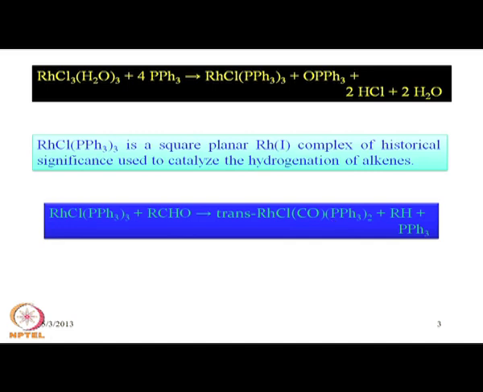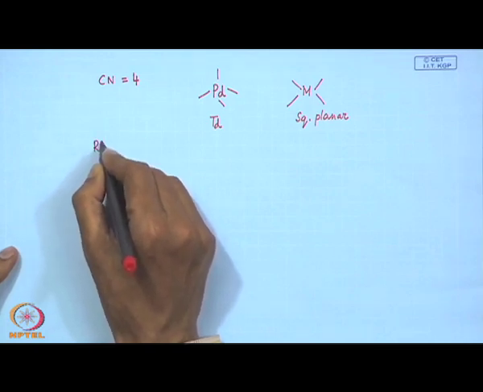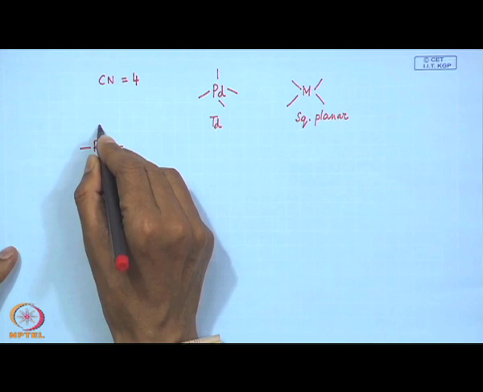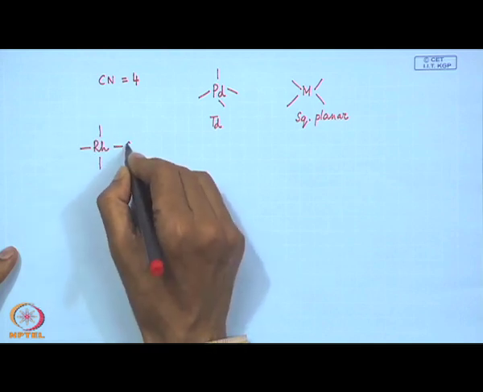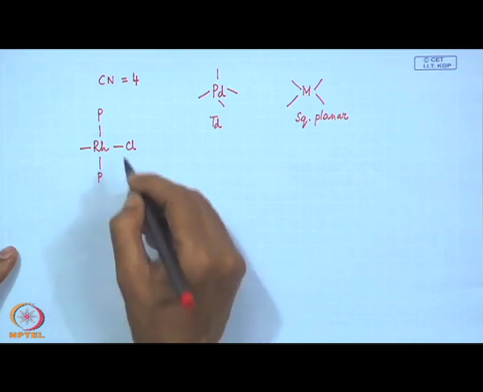So, the phosphine group is present trans to the rhodium position. So, we have this is the phosphine, this is the phosphine.